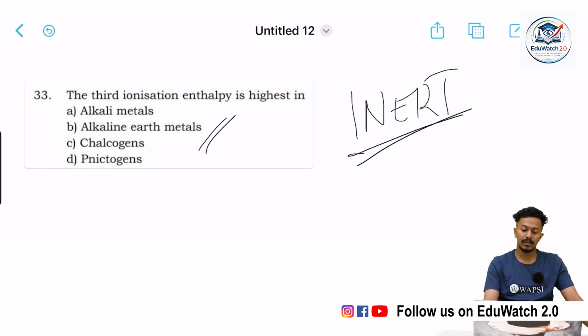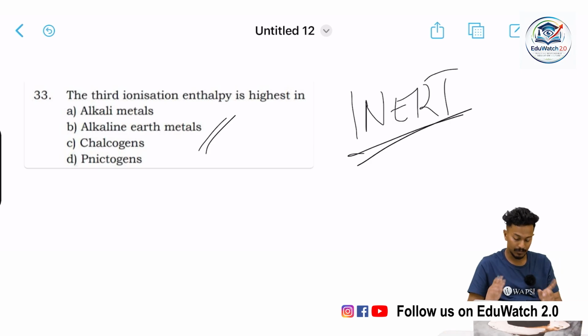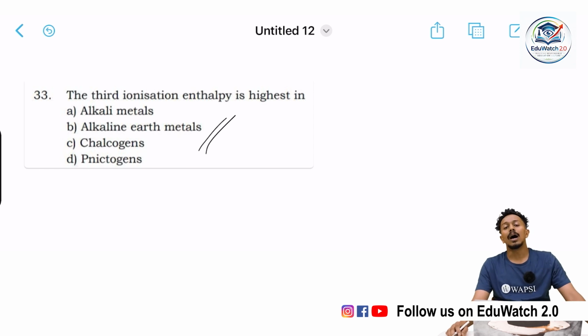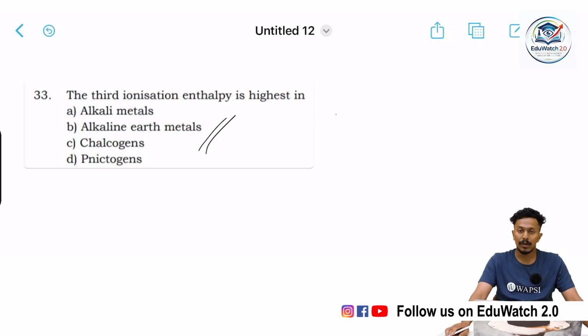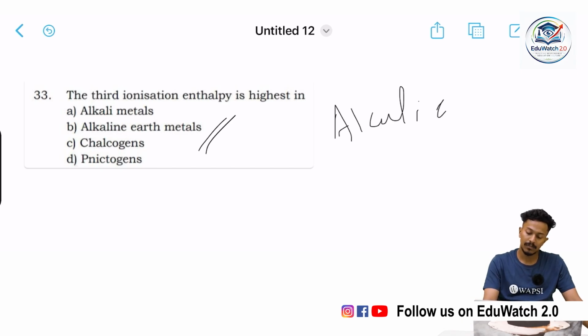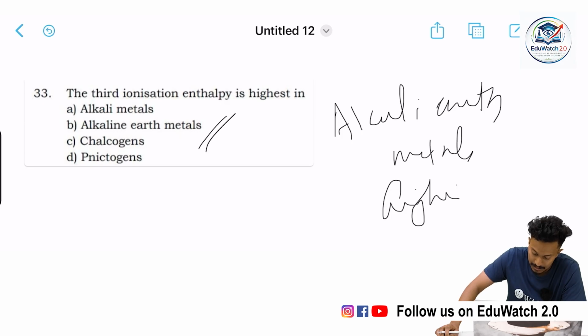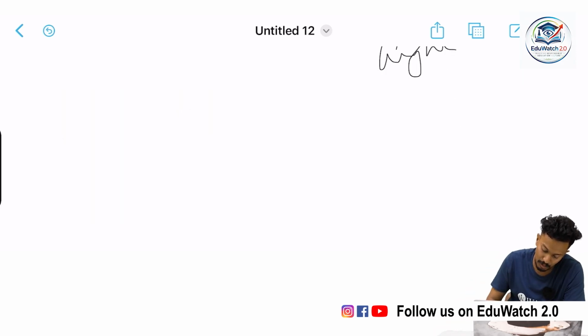So for the third ionization enthalpy, the removal of an electron would need a much higher energy. So the third ionization enthalpy for alkaline earth metals is higher. Option D. We will move on to our next question.